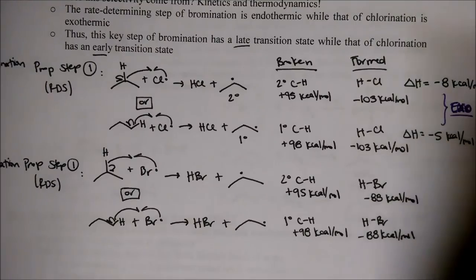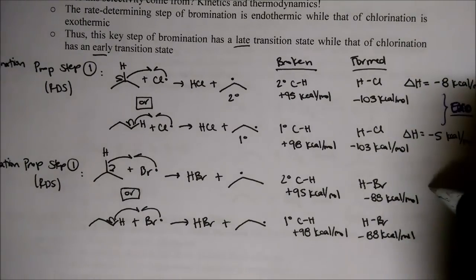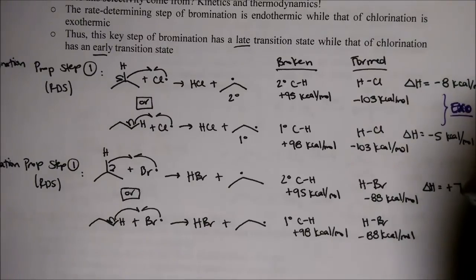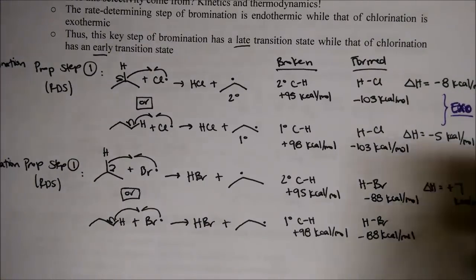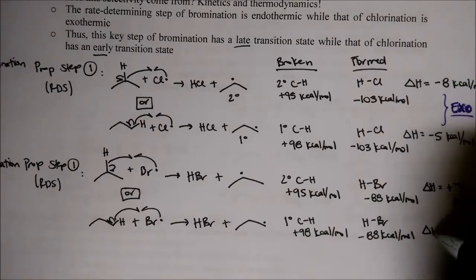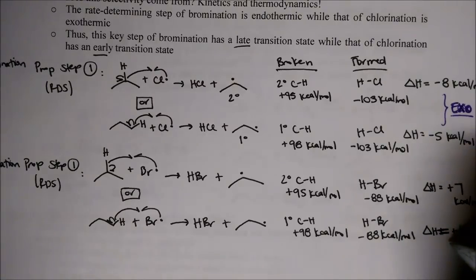So if we do our math, the delta H here is positive 7 kcal per mole, and down here it equals plus 10 kcal per mole.